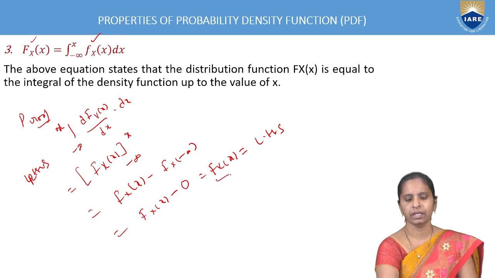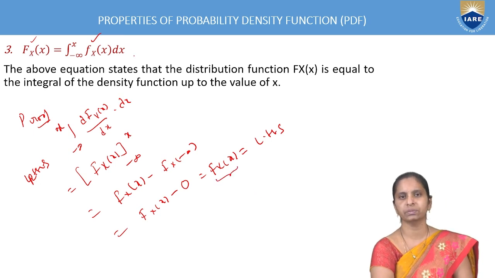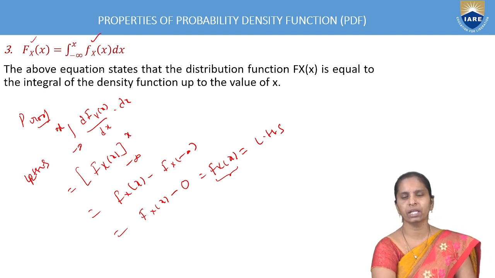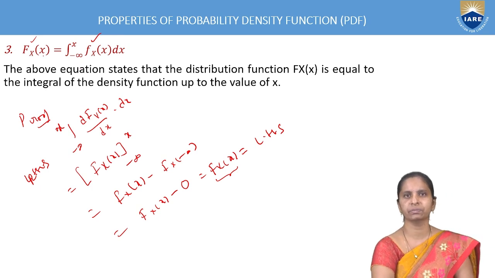It means you can write down the distribution function in terms of the density function. How can you obtain it? By integrating the density function over the limits minus infinity and x, you are going to obtain the distribution function. That is your third property of the density function.